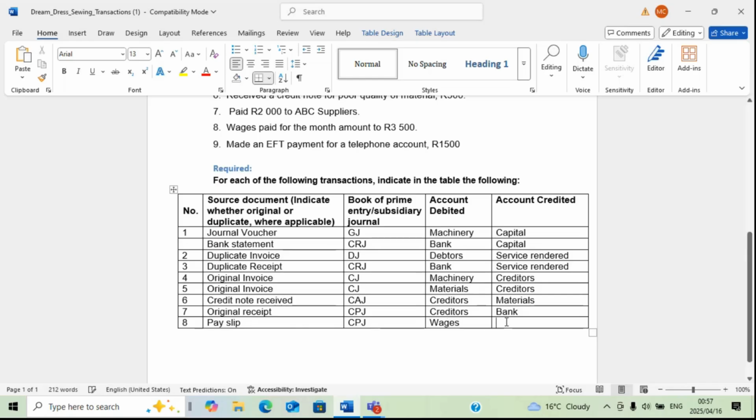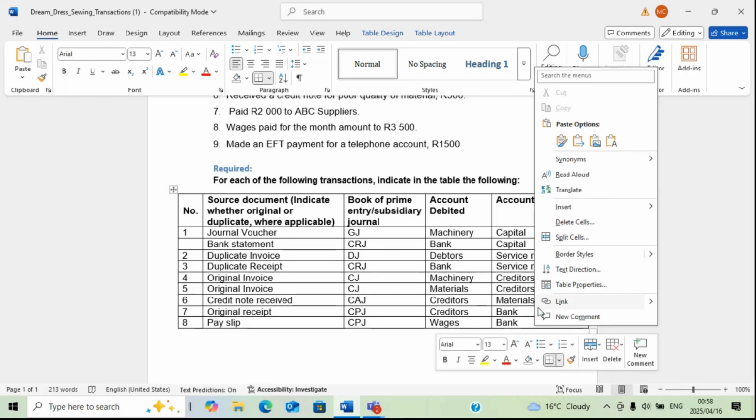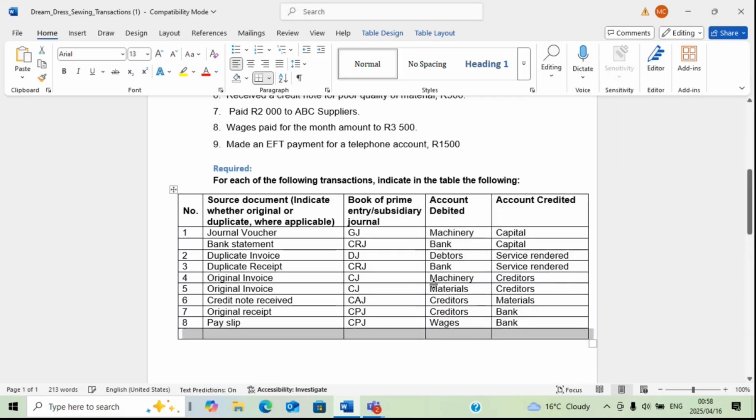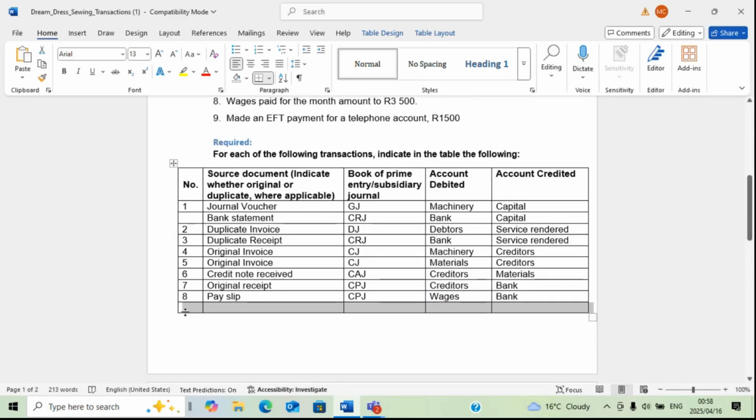And we're going to credit bank because we made a payment. Whenever you make a payment, there's a decrease in cash in your business, and cash is bank, and bank is an asset, and whenever an asset decreases, you must credit it, right? So that is why we are crediting our bank and debiting our wages, which is an expense. That is how you're supposed to record transaction number 8. So let's go to transaction number 9.